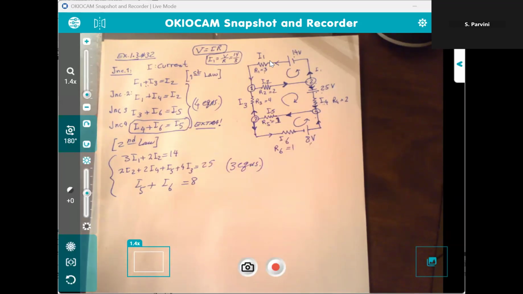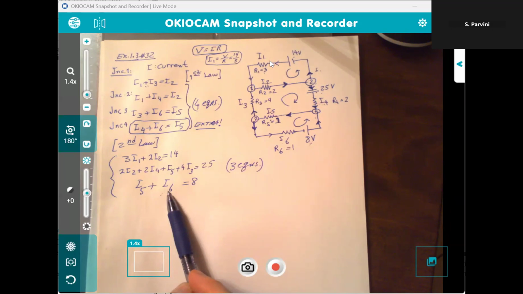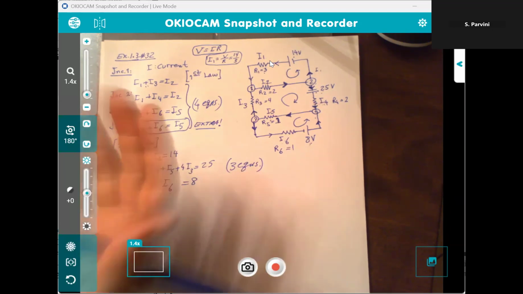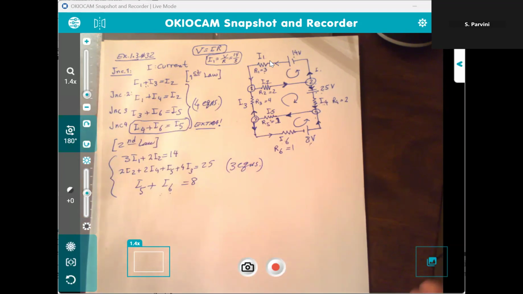Because we have 6 unknowns, all I need are 6 equations. If I come up with 7, 8, 9, 10 equations, those are redundant. We need exactly 6, as many as variables. So is everyone okay with that part?